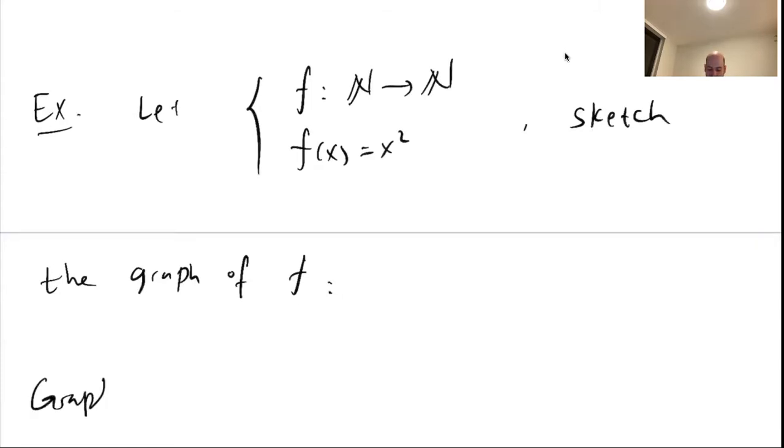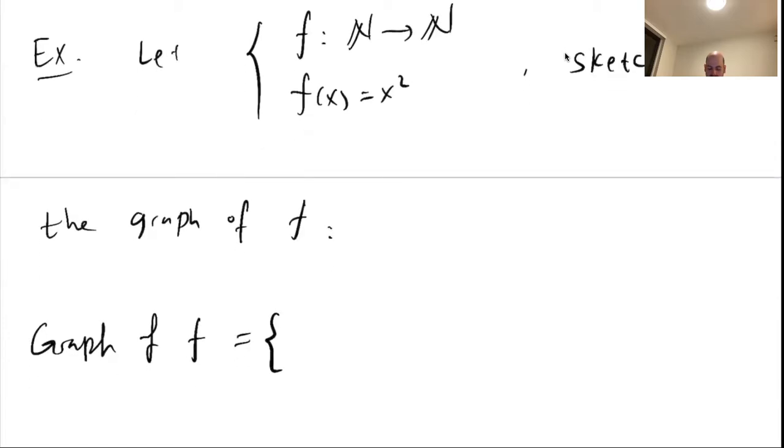Graph of f equals the set of all pairs where the first coordinate comes from the domain N. Now, what is the first element of N? 0, and then the output should be f of 0, which is 0 squared, and that's 0, right?